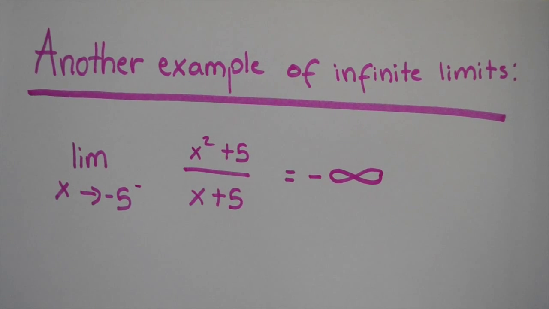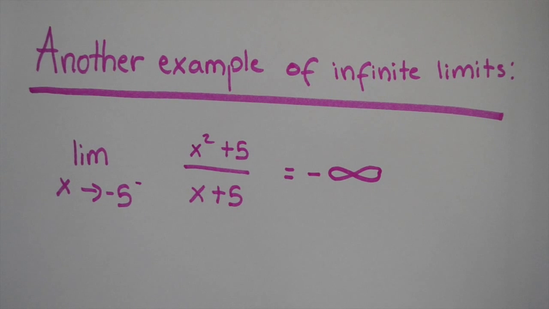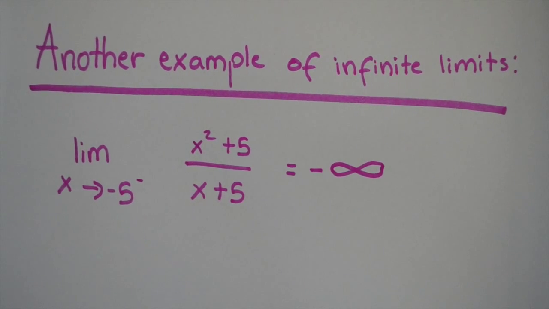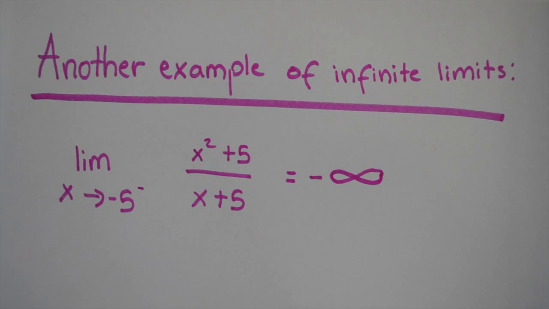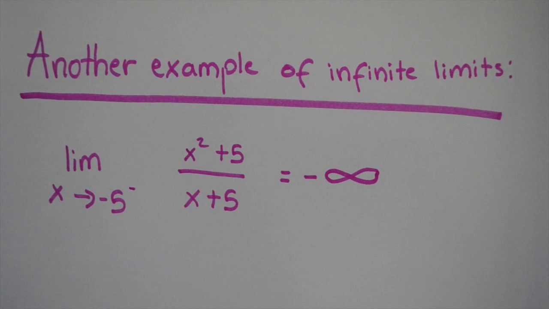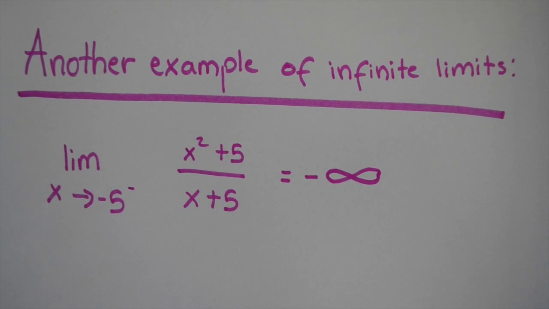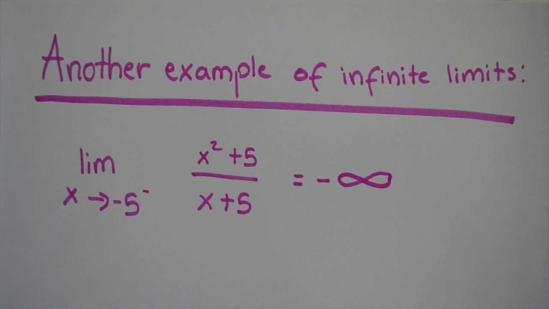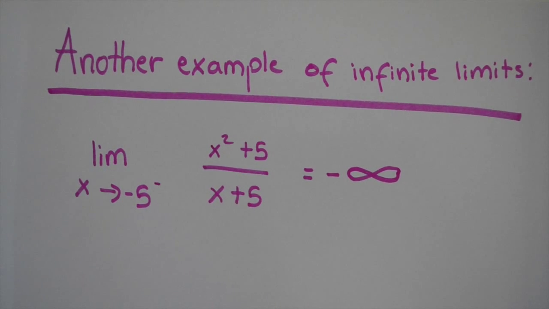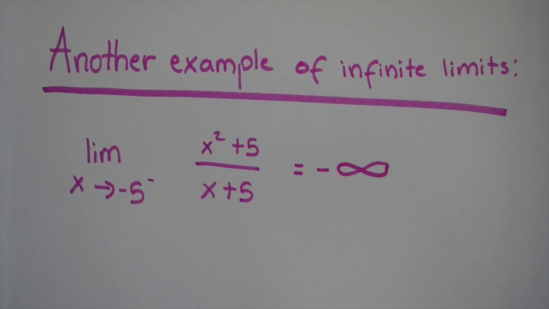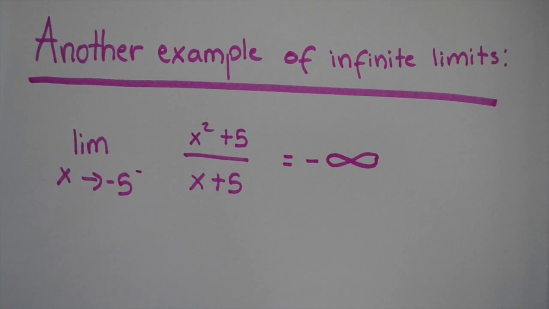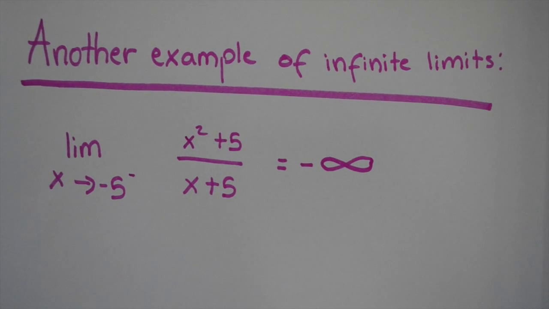Since it's from the left, I would pick a value just below negative 5, such as negative 5.001, and plug it in wherever there is an x and look for what sign this is. So the top would be a positive sign, and the bottom would be a negative sign, which would make this limit go to negative infinity.